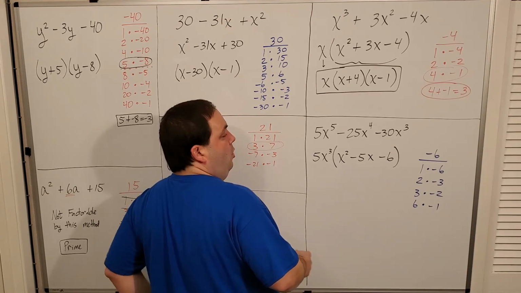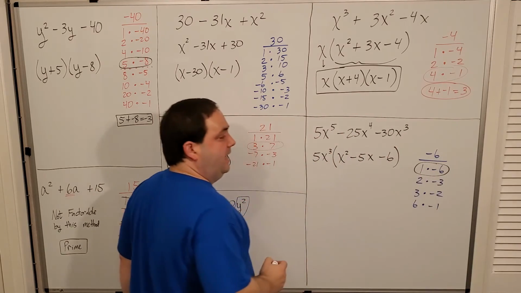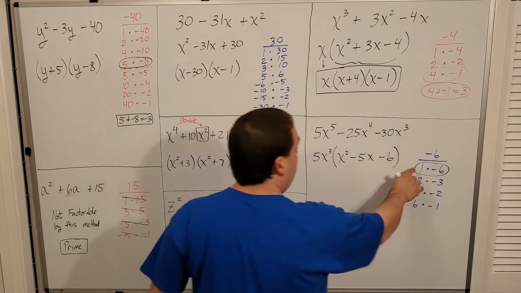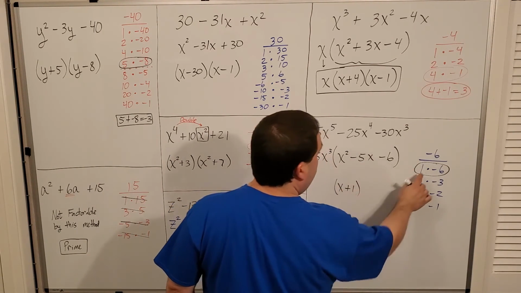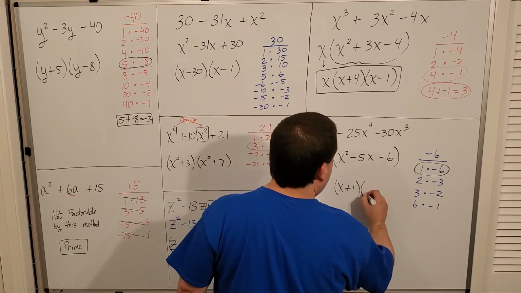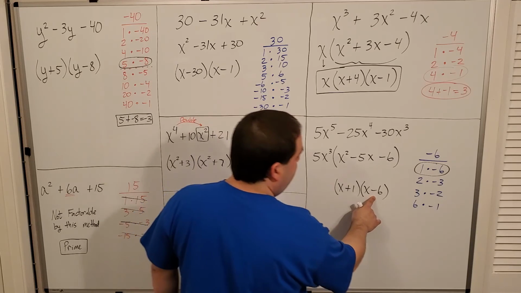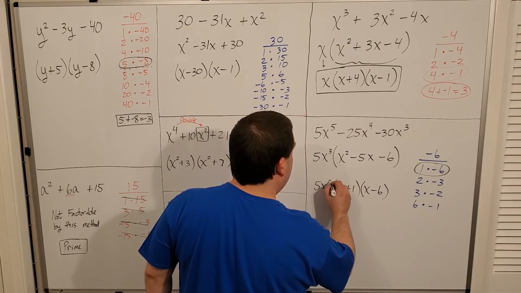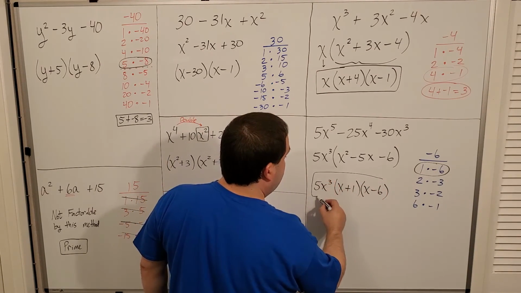So that would be 1 and negative 6, because 1 plus negative 6 is negative 5. Therefore, I can use the x plus 1, that's the 1, and x minus 6 from the negative 6. And then the 5x to the third is still there, because that was an original piece. So then here's my factorization for that guy.